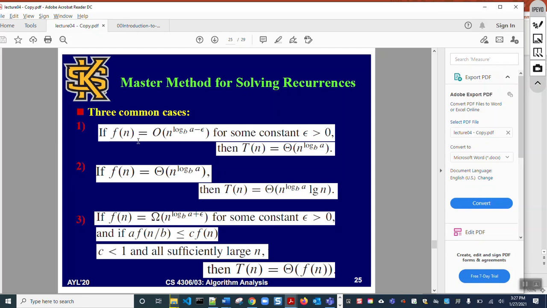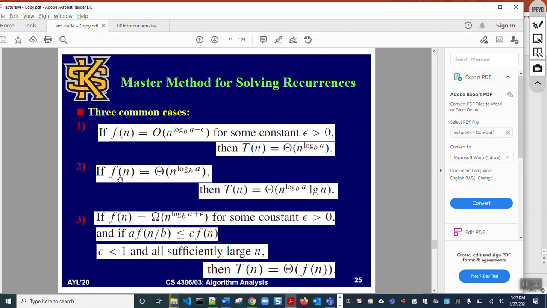For case 1, if f(n) = O(n^(log_b a - epsilon)), where epsilon is a positive number, then T(n) will be Theta(n^(log_b a)). Epsilon is some constant, a very small number that tends to 0.